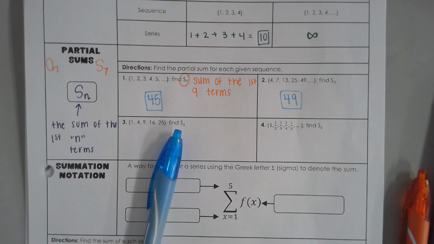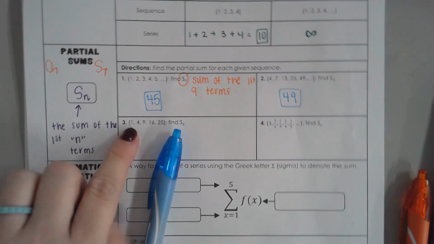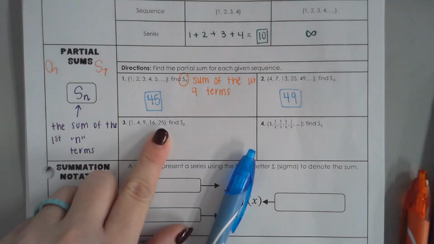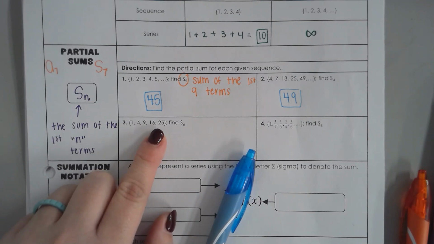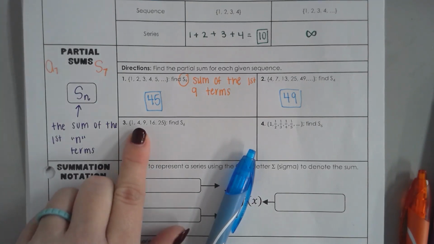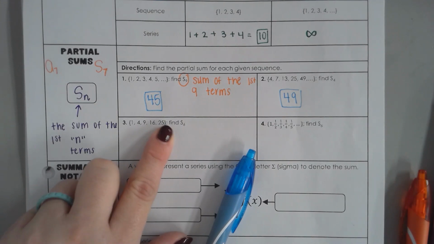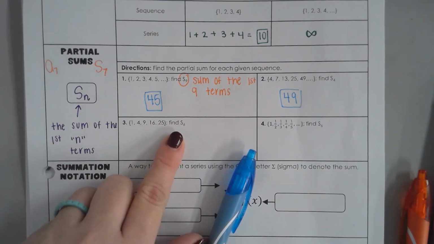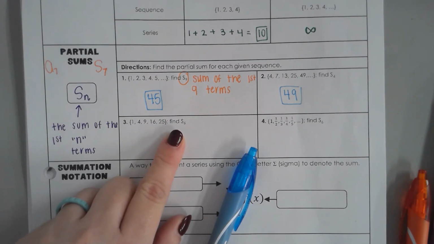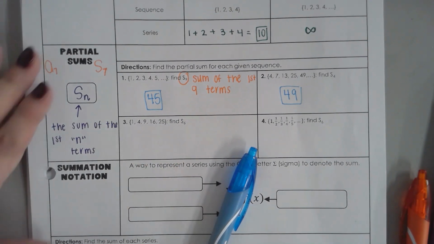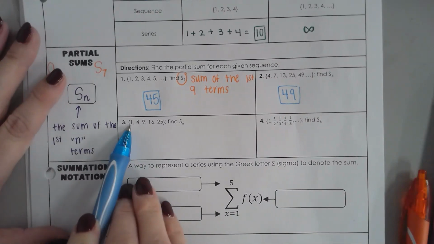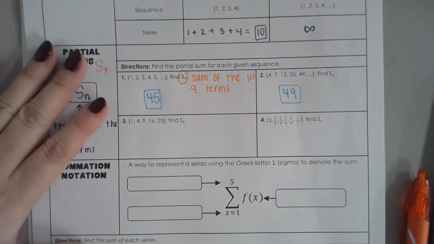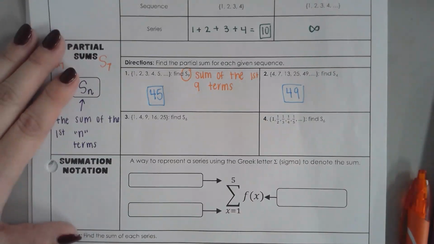They're perfect squares. That's 1 times 1, 2 times 2, 3 times 3, 4 times 4, 5 times 5. But also the pattern, what they're adding every time, is plus 3, plus 5, plus 7, plus 9. So the next term we would add 11, but that would get us to 36, which happens to be the next perfect square, 6 times 6. So you would be adding 1, 4, 9, 16, 25, and 36.